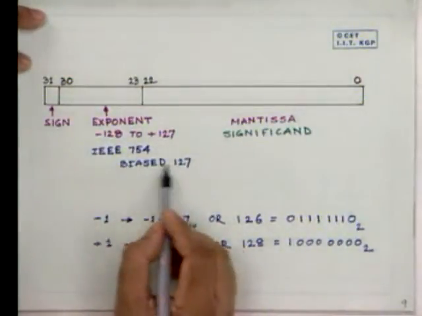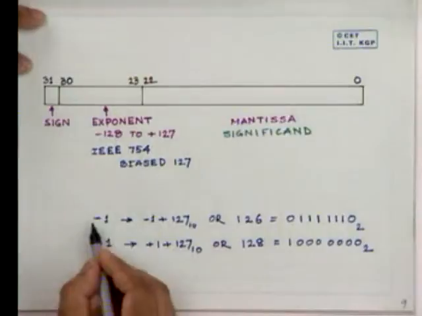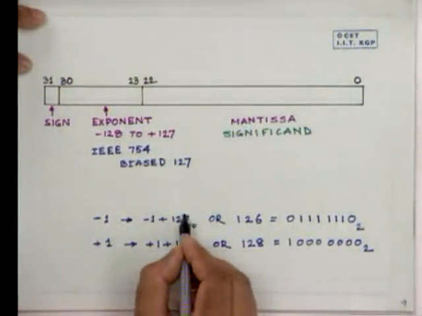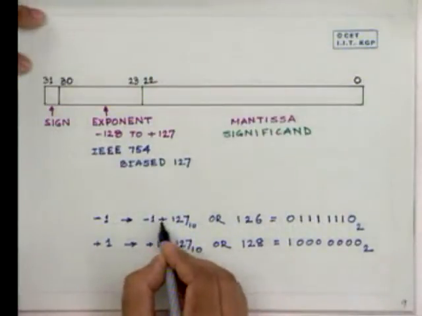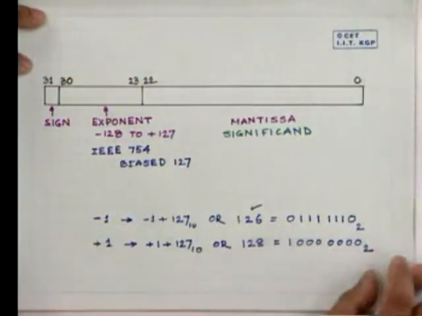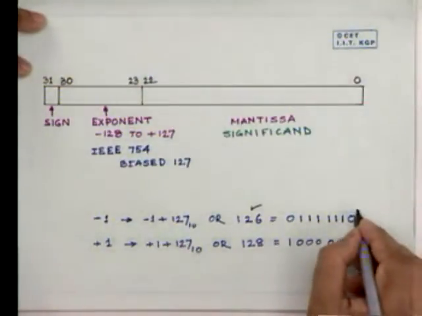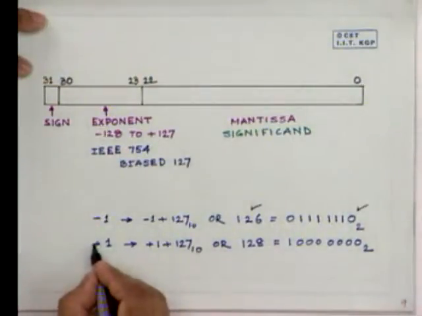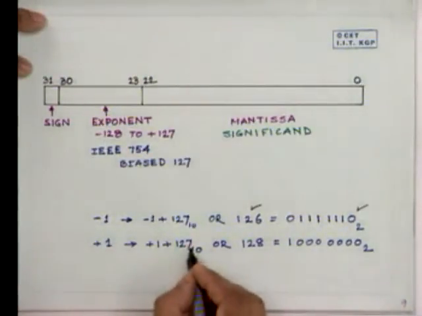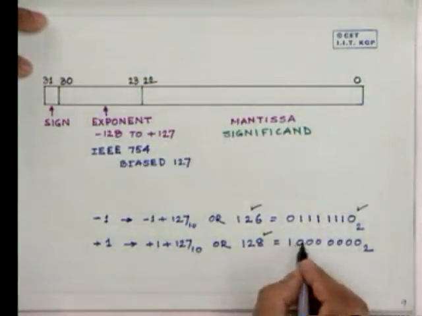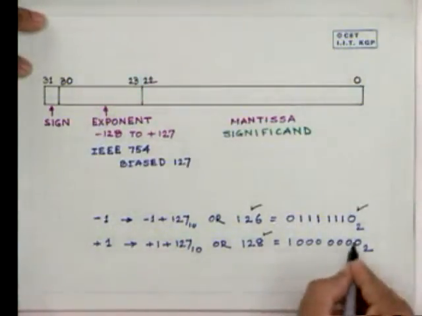They take a bias of 127, which means that if we want to represent minus 1, then 127 will be added to it, so minus 1 will be represented as 126, and its representation naturally will be this. Similarly, plus 1 will be represented as plus 1 plus bias 127, which will be 128, and will be represented in 8 bits this way.